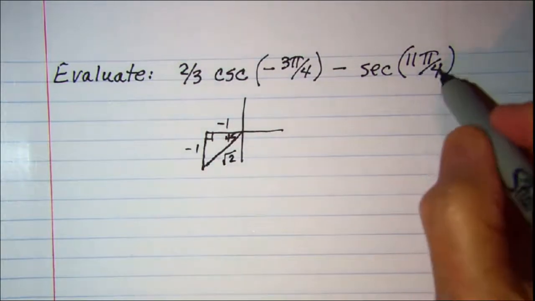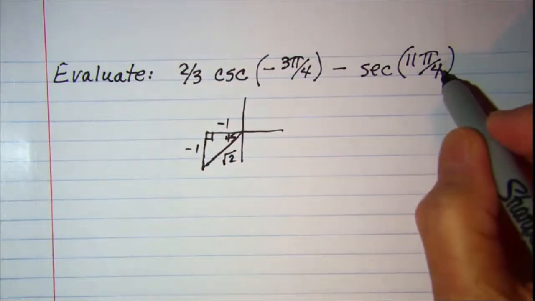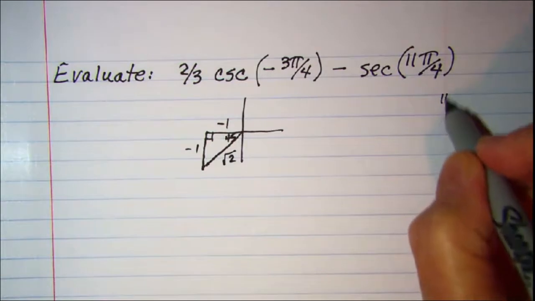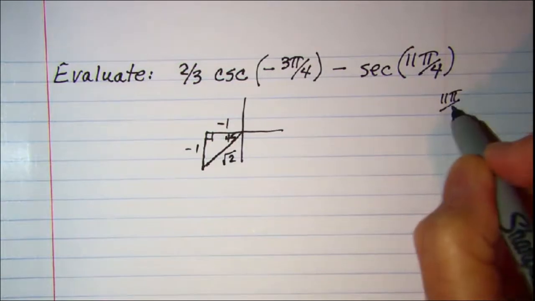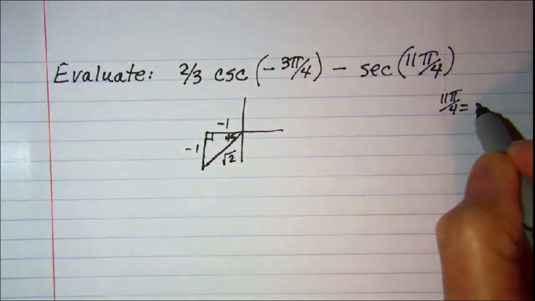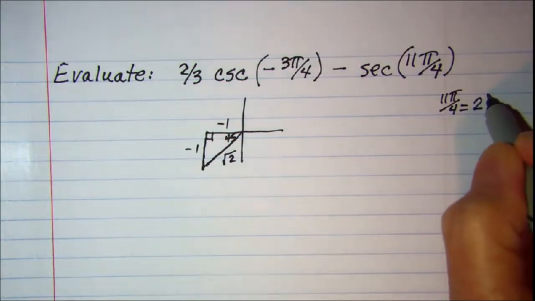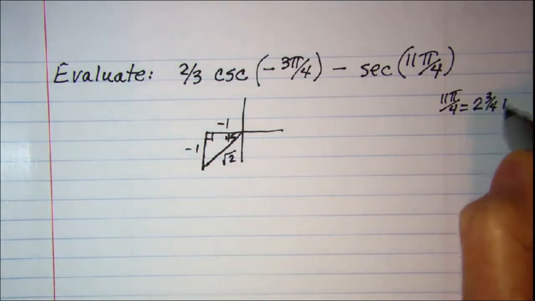Now on this one, I'll think of 11 pi over 4 as 2 pi plus 3/4 pi.